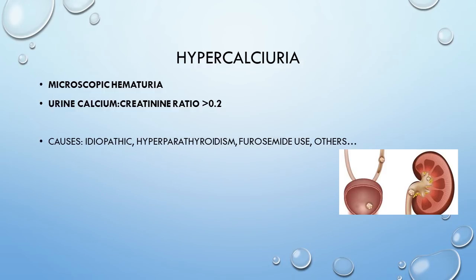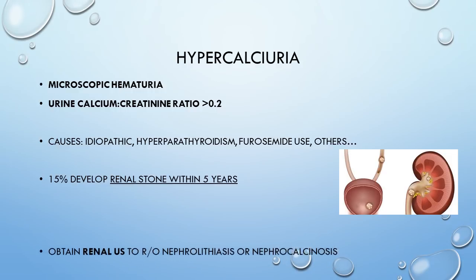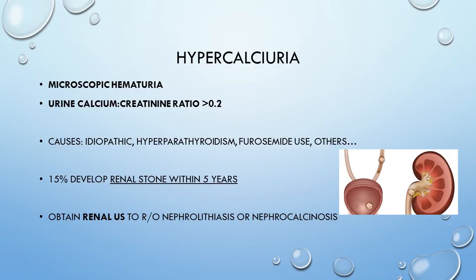The causes for that extra calcium in their urine, most of the time it's idiopathic. It could be due to things like hyperparathyroidism, furosemide use, or others. The important thing to note when you do diagnose a patient with hypercalciuria is that about 15% of patients with this will develop a renal stone within 5 years. You want to make sure you get a renal ultrasound to rule out nephrolithiasis or nephrocalcinosis.